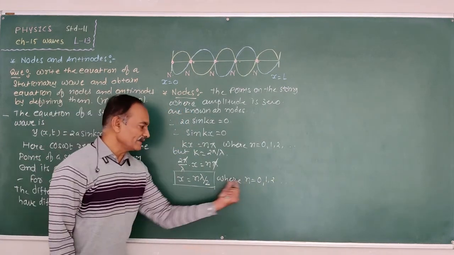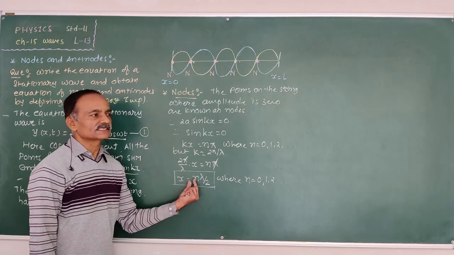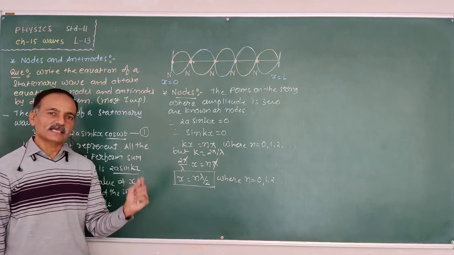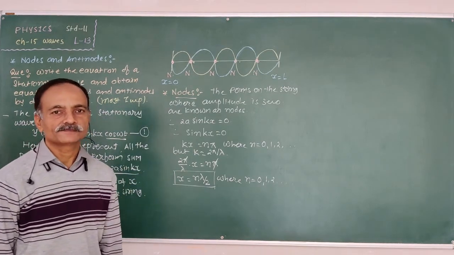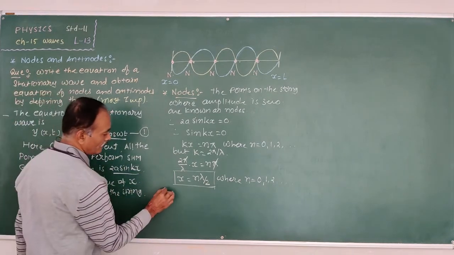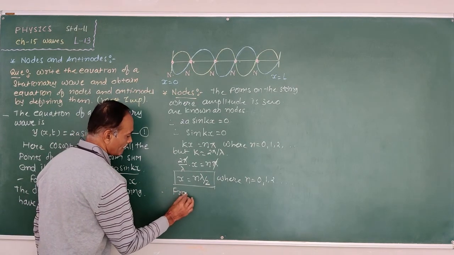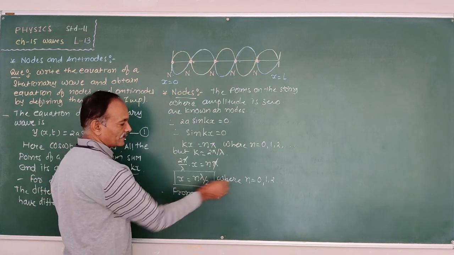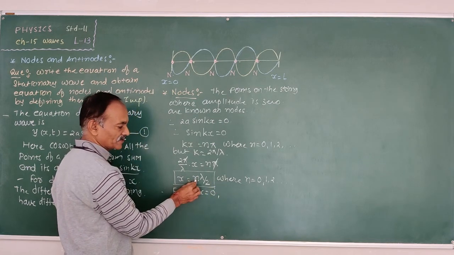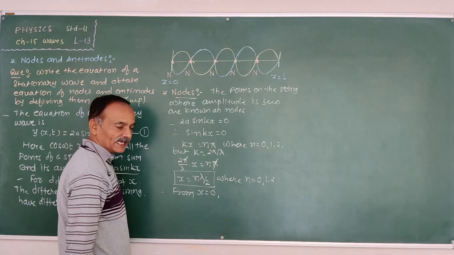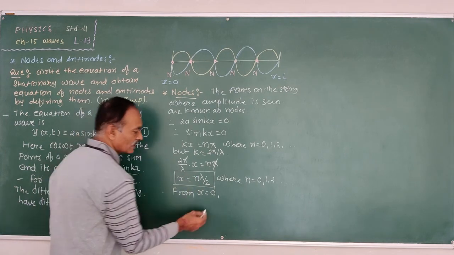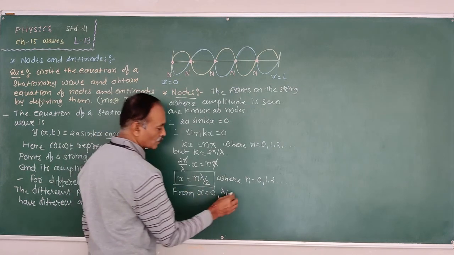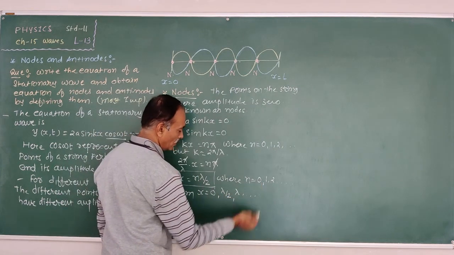And we substitute the different values of n in this, so we obtain the different points of the string where the amplitude becomes 0. By substituting n equal to 0, x is equal to 0, so the first node is obtained at 0. Second, n is equal to 1, the second node is obtained at lambda by 2. For n equal to 2, x is lambda, and so on.